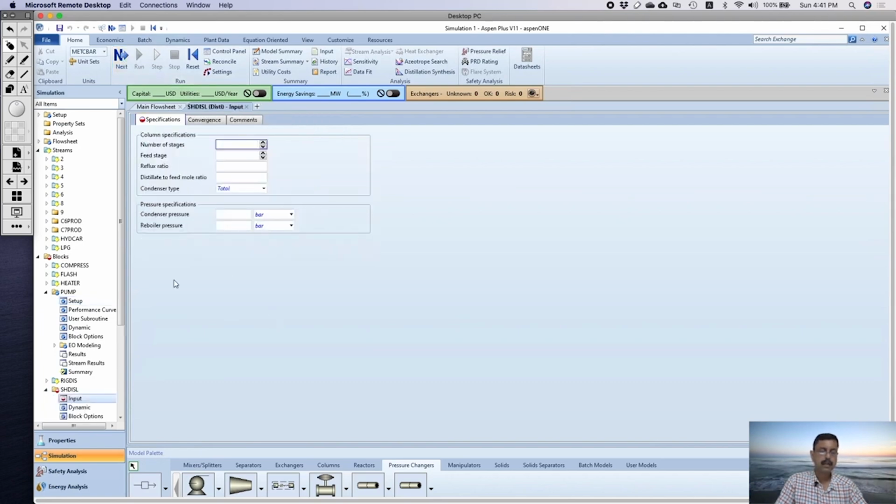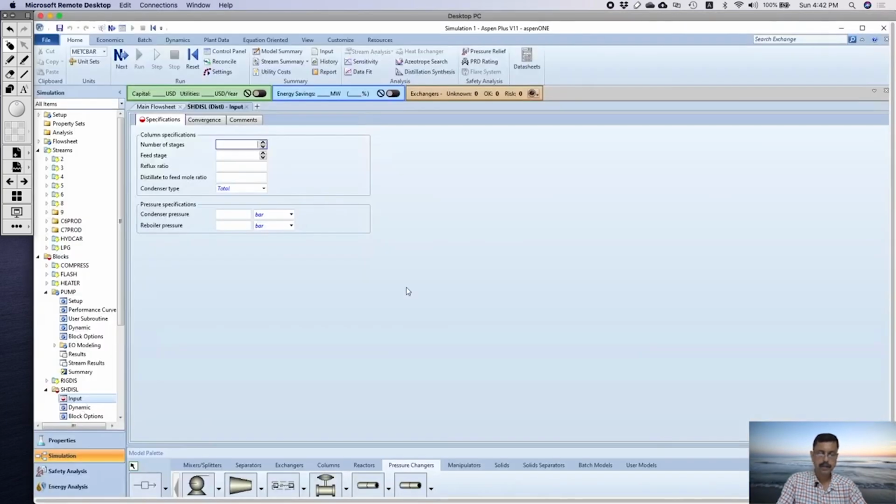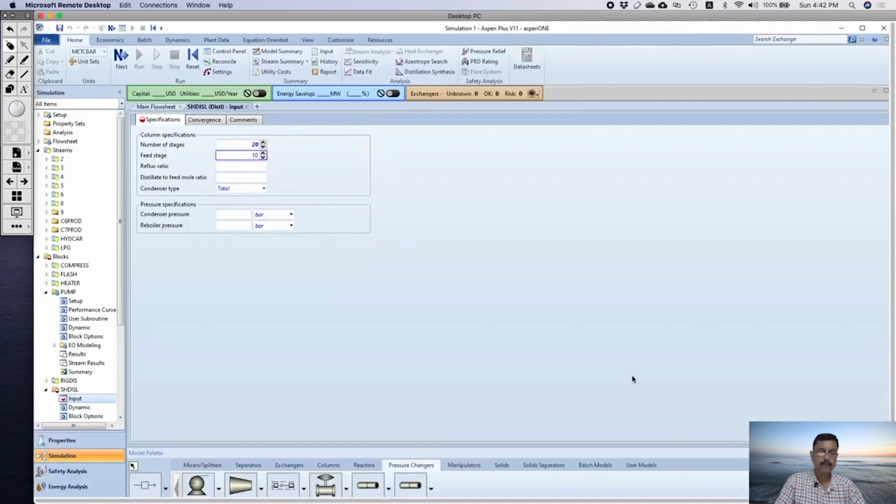Yeah, now the distillation column, the specification we have to give. Now it is number of stages, it is 20 stages and feed stage is 10. So it is 20, feed stage is 10. Reflux ratio is 4.